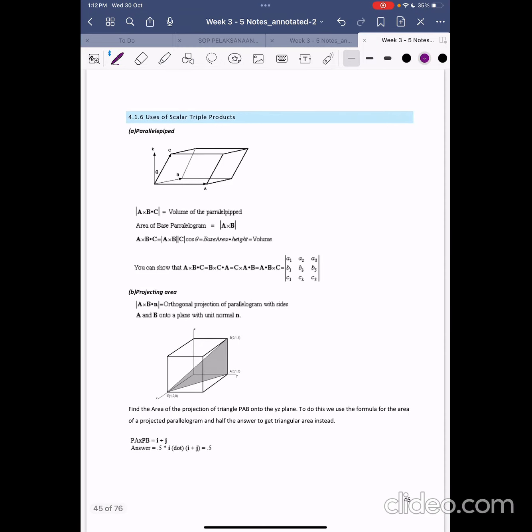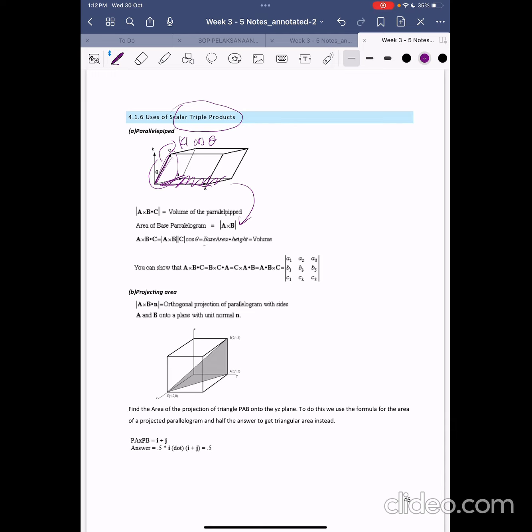Okay, use of scalar. The last topic on vector algebra here is the use of the scalar triple product. You can use it to calculate the volume of a parallelepiped, where we take the cross product of vector A and B, and then dot product with vector C. The area of the base is the cross product of vector A and vector B, and the height is vector C cos theta.